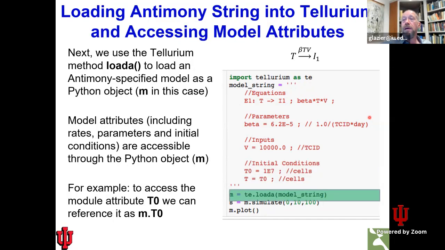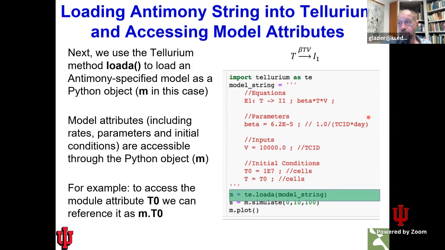All right. Now, once we've specified our model, we have to go into Python to do something with it. And the standard thing that we're going to do is convert that Antimony string into something that's executable. And so te.loadA is something we're going to get very familiar with.